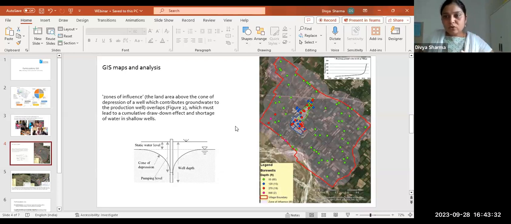So then we sat together with the community, and we thought of reviving their farm ponds and the structures which they had already, but nobody was taking care of them because everyone had that private borewell. But that was not solving the problem itself.